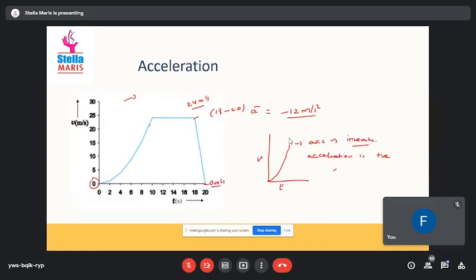So here, what happens? Is this a uniform acceleration, this graph? Anybody? Is this a uniform acceleration or non-uniform acceleration? This one I'm talking about. Come on, ma. Whether it is a uniform acceleration or not.